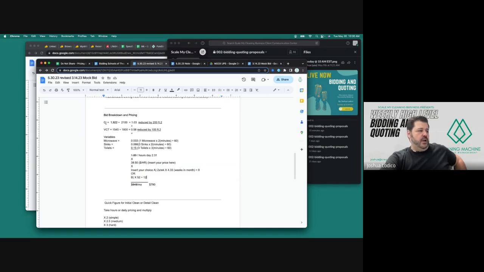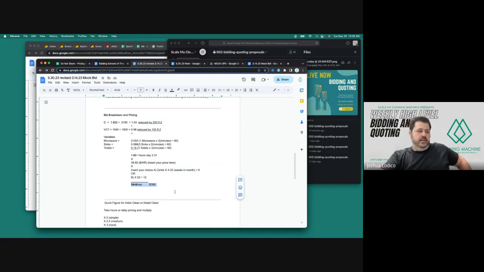By reducing our square footage production rate of both the carpet and the tile, you're going to see that this number here changes from 648 to 790.